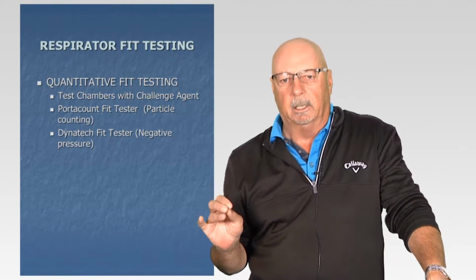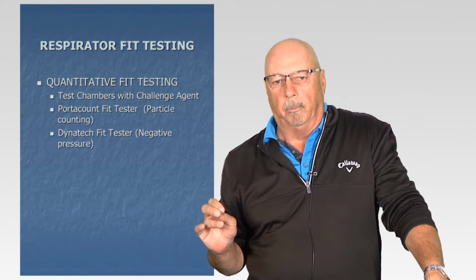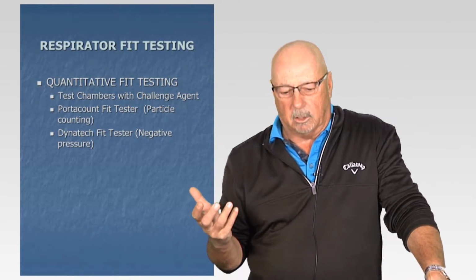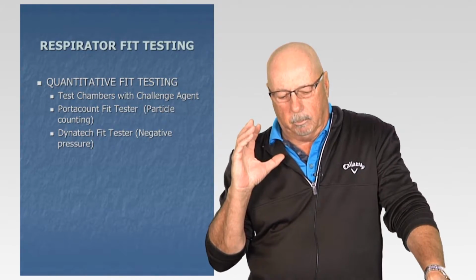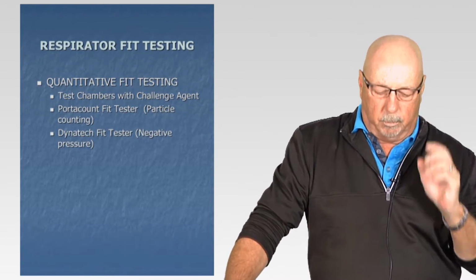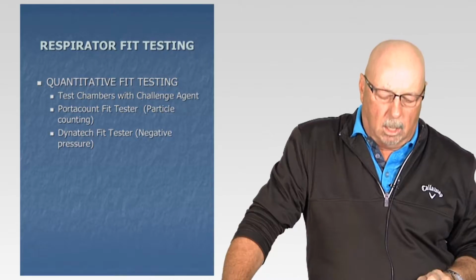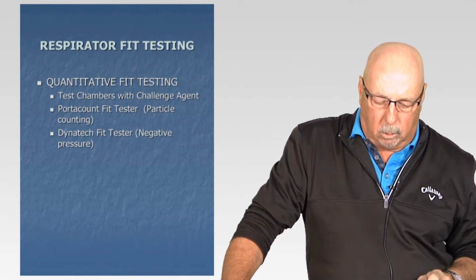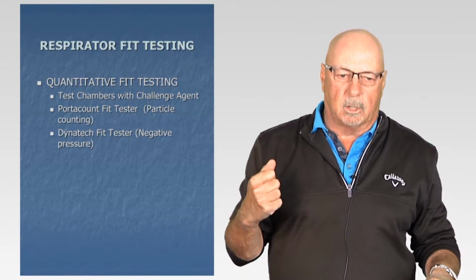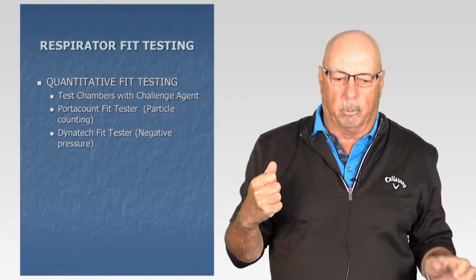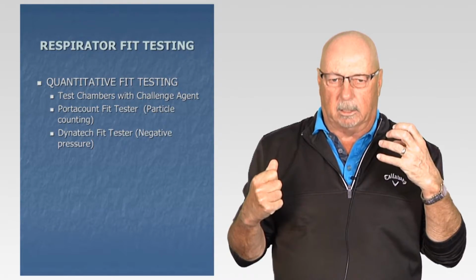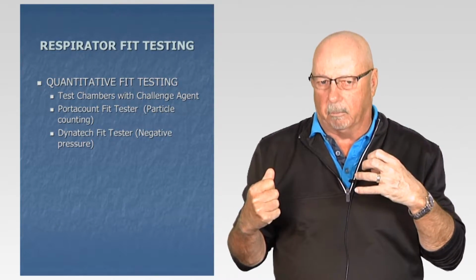The second technique is where we use a pressure differential for the respirator. And essentially what we do is, again, we change the cartridge out on the respirator the worker is going to wear, and we put on these other test cartridges. And what we can do is have the worker hold their breath, and we close off a breathing port for that respirator, and then there's tubing that's connected into the respirator that sucks air from inside that respirator.